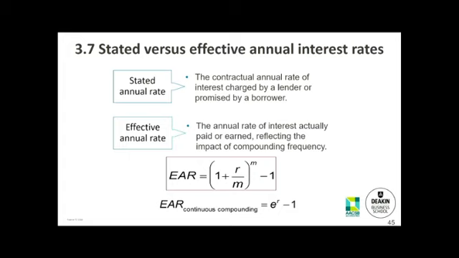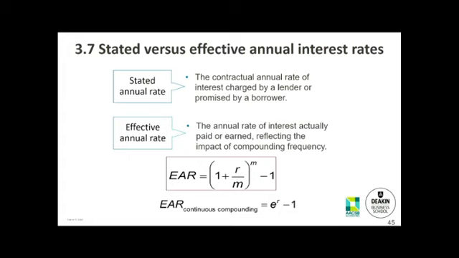In fact, the bank won't ask me to pay it once a year. The bank will ask me to pay it monthly. Do you agree? If I pay it monthly, the actual interest payments that I pay to the bank will be more than $10. It could be, listen carefully, $10.25. And that is my actual interest payment to the bank because of the impact of compounding. Get it?